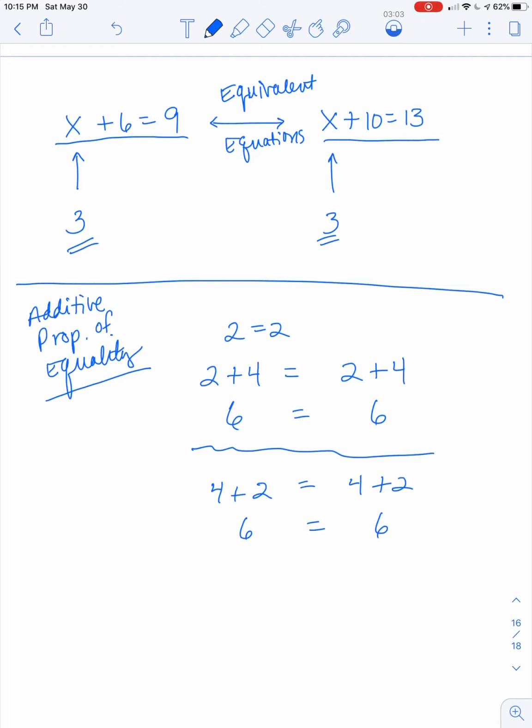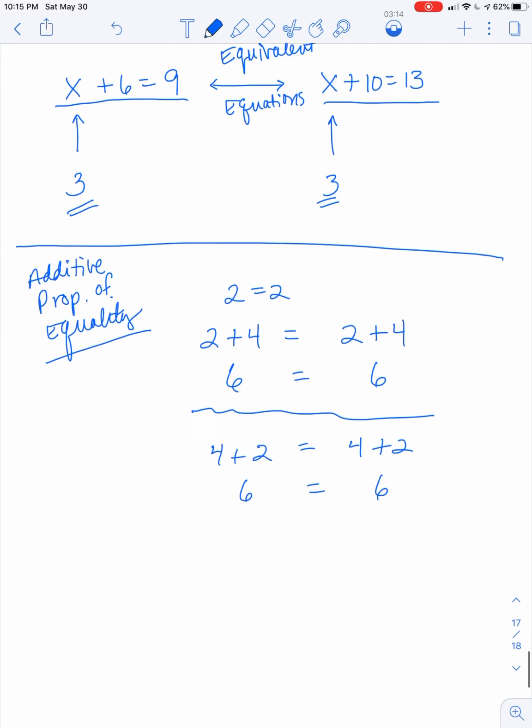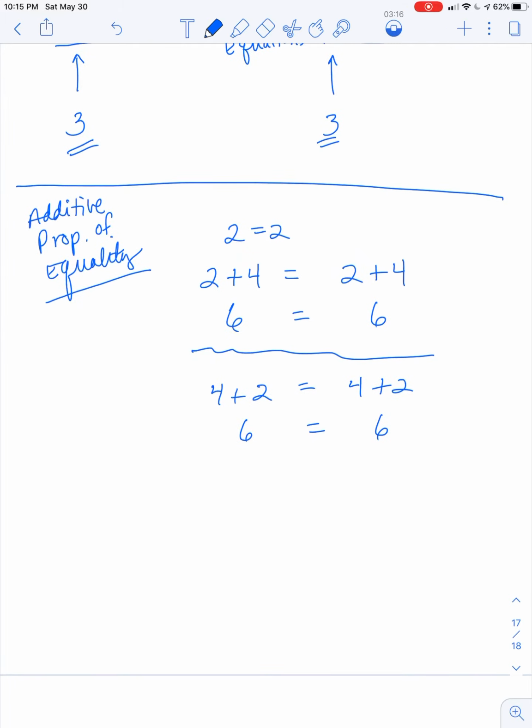So this is where we're going to look at what the property states. If you want to look at your packet there for lesson 23, it's actually written right up there. Let me go ahead and jot it down right here, though. Basically, what it means is whatever is added to one side of the equal sign must also be added to the other side of your equation.